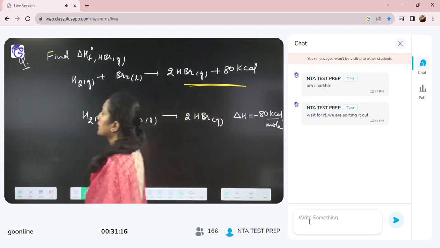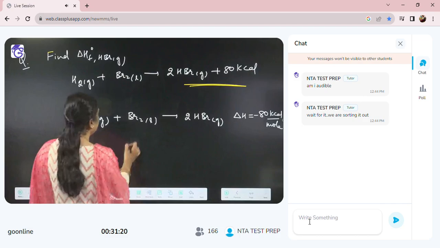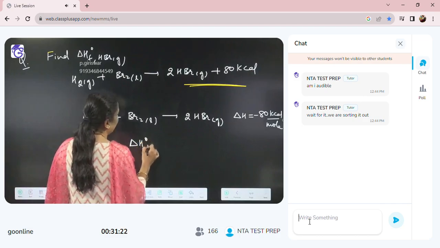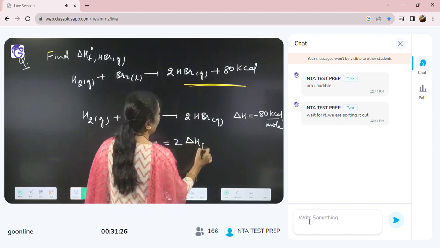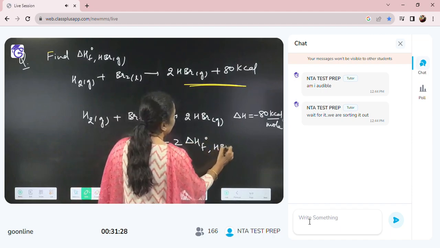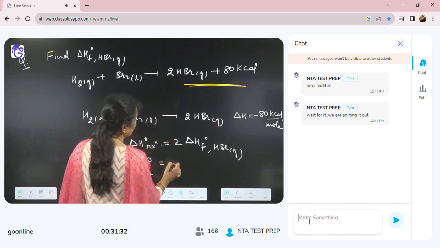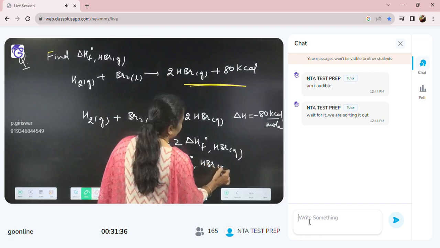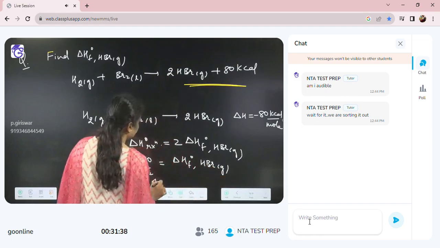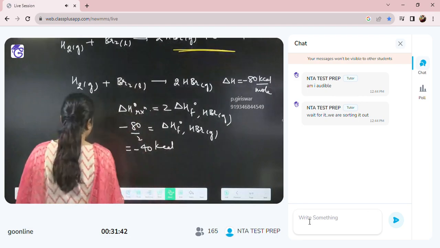Now this reaction is not the enthalpy of formation reaction. I can say that delta H naught of this reaction is twice of delta HF naught of HBr in the gaseous form. So you have minus 80 upon 2, and you can easily get your answer as minus 40.